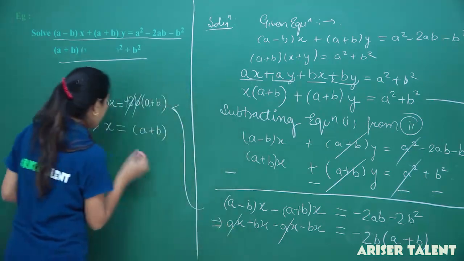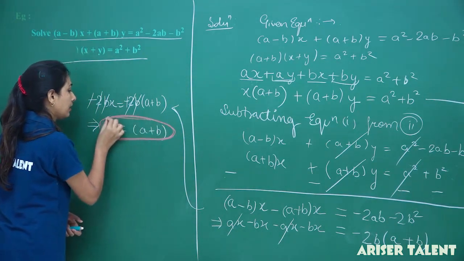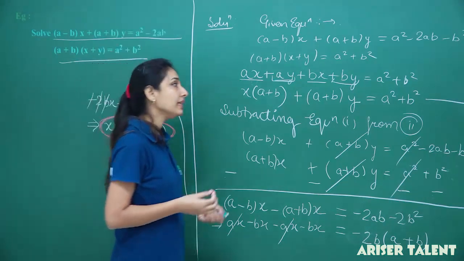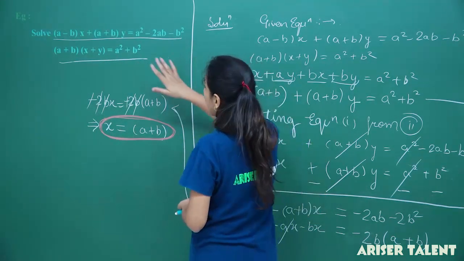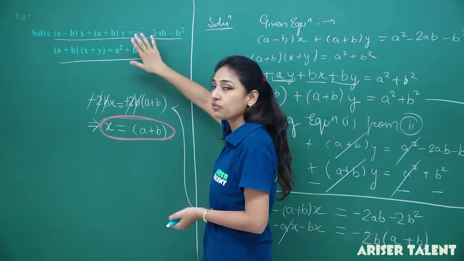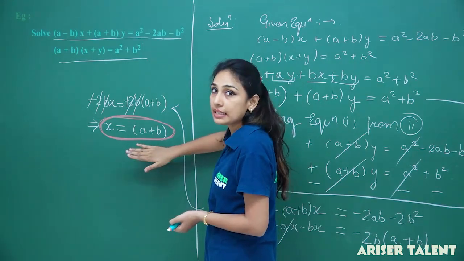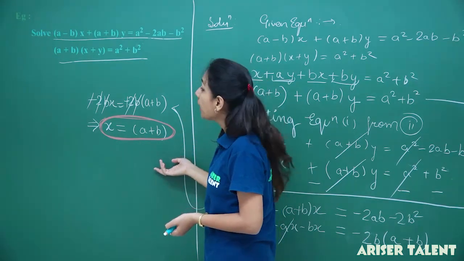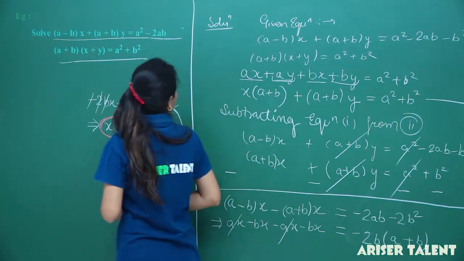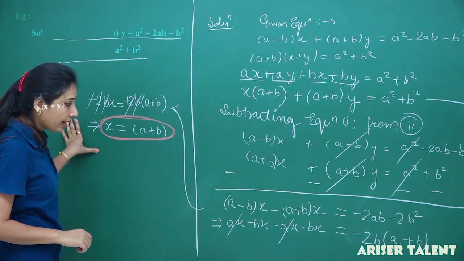Understand this, student, we have this value of x here. The value of x is so simple, it is a plus b. Looking at this, we can doubt what our answer will be, but we'll just follow the steps, and our answer will be this simple, that is a plus b only, okay. Now talking about y, how will we calculate the value of y?